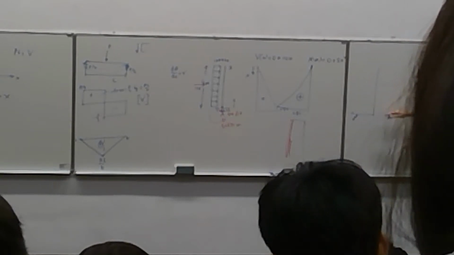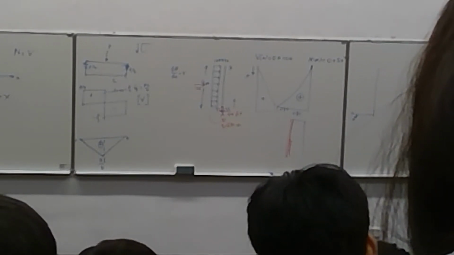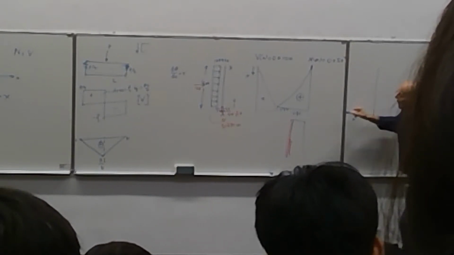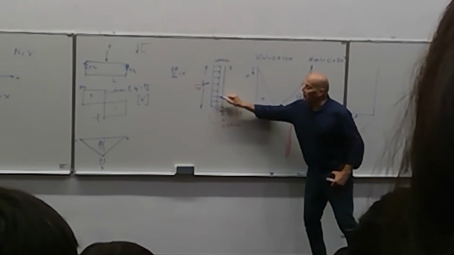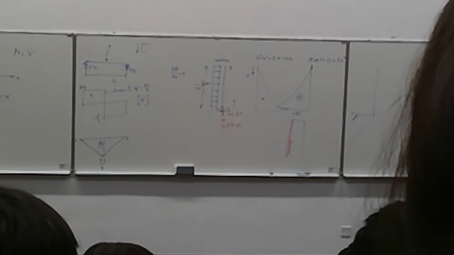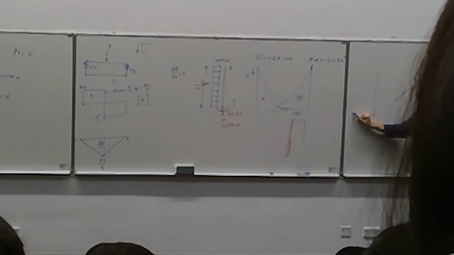Because it pushed me on the right face, it is upward, okay, it's a positive shear load. And then, what do I see after that? Then I see little loads pushing me down. So I start getting pushed down, and the slope, of course, is equal to the intensity.